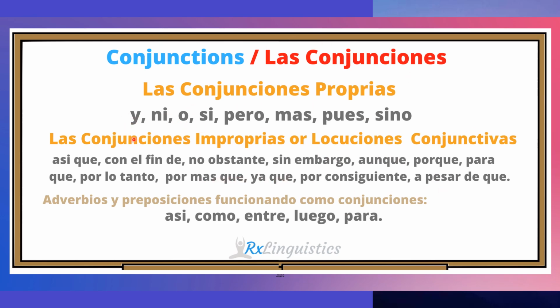So these lists of conjunctions, write them down. Write down also these 5 that are adverbs and prepositions that can be used as conjunctions, and these that you may encounter.